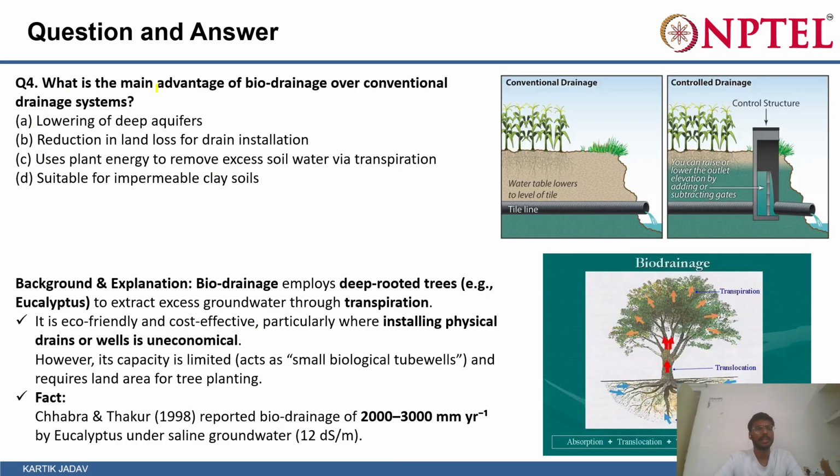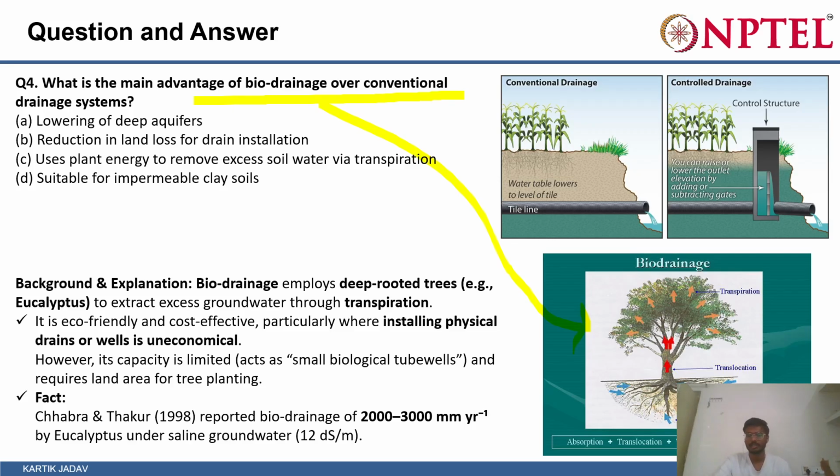Next question: what is the main advantage of biodrainage over a conventional drainage system? There are multiple options given. We know that in biodrainage we grow certain trees with a deep root zone depth, which absorb water through the root system. Along with the water, they also absorb salts.